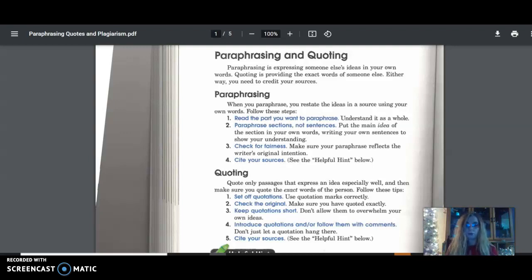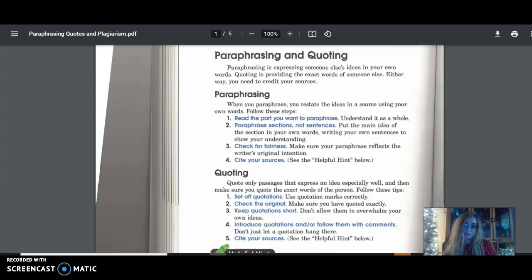and putting it in your own words, for purposes of our research, there may be times when you do just want to use a sentence on its own. For example, a particular statistic that you would like to use to help support whatever your topic happens to be.